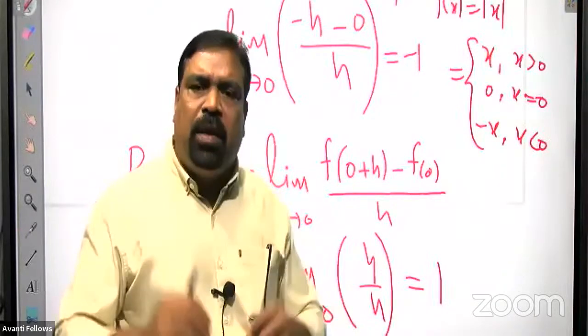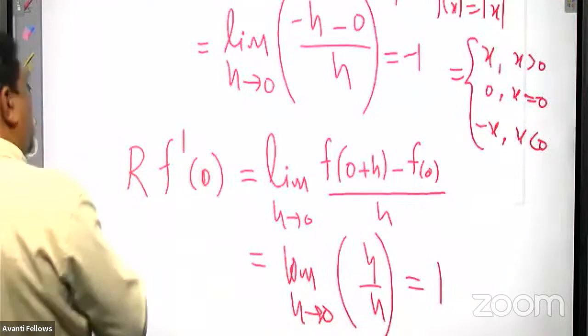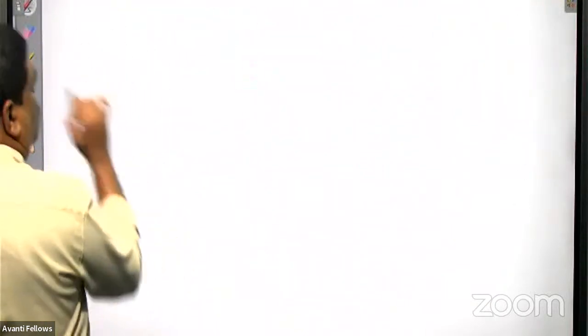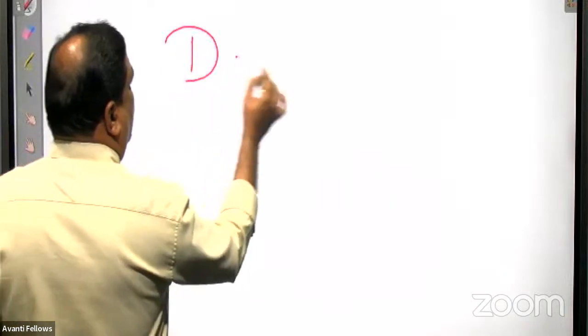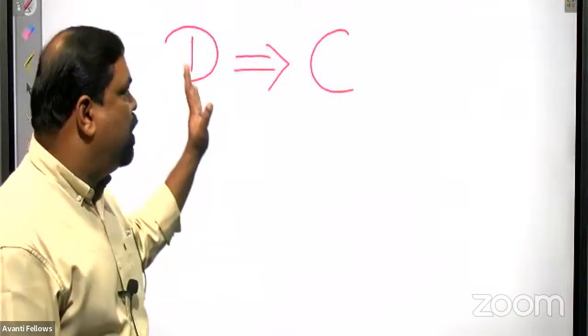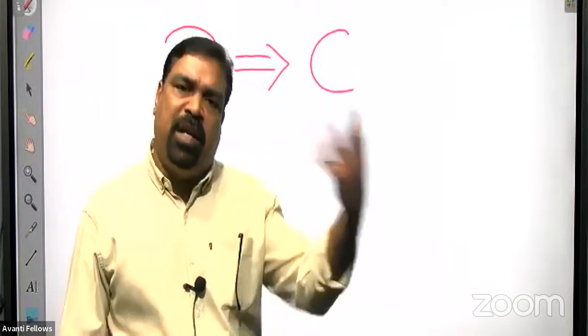But the result, you must remember. Differentiable functions are continuous. So D implies C, I can say like this. Differentiability implies continuity.